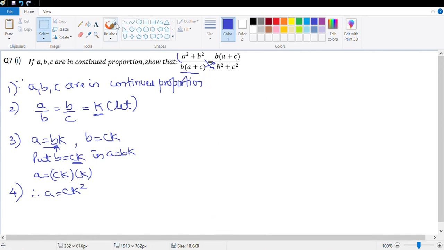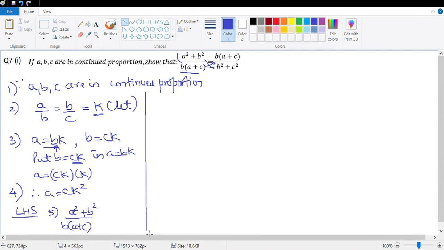Okay, so let's go ahead and start with left hand side. So left hand side is A square plus B square upon B times A plus C. Now put A is equal to CK square and B is equal to CK. Let's see what we get. Instead of A, I have CK square the whole square.